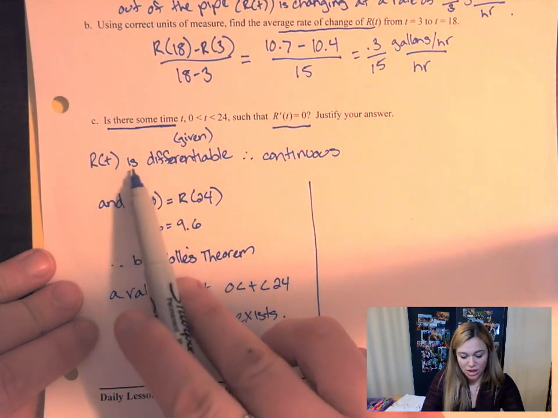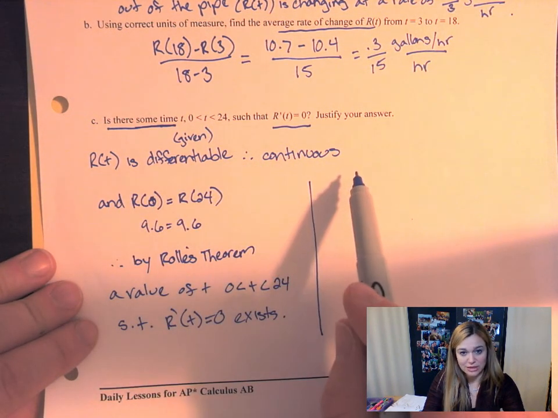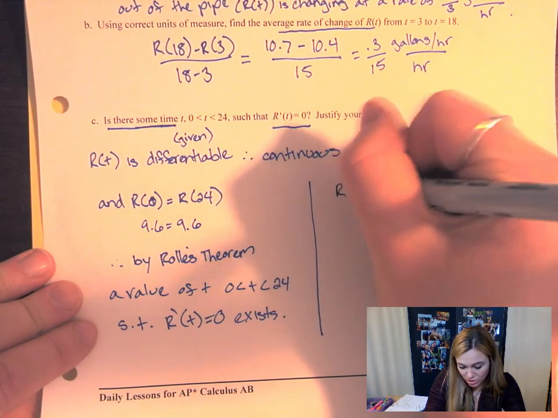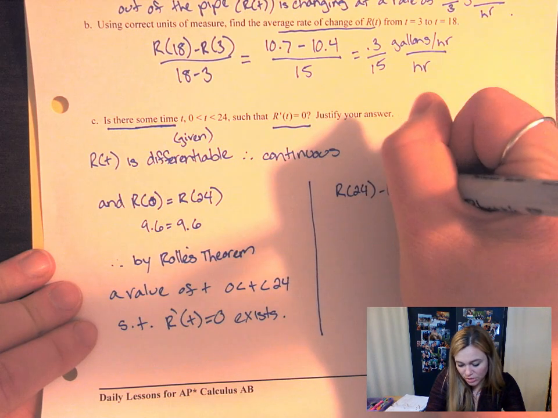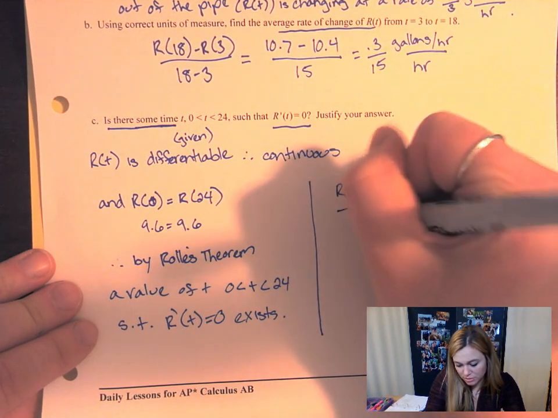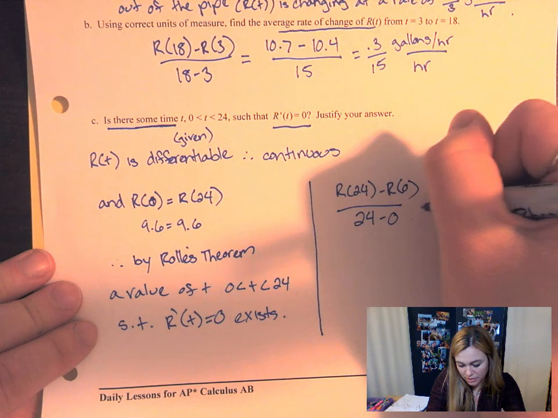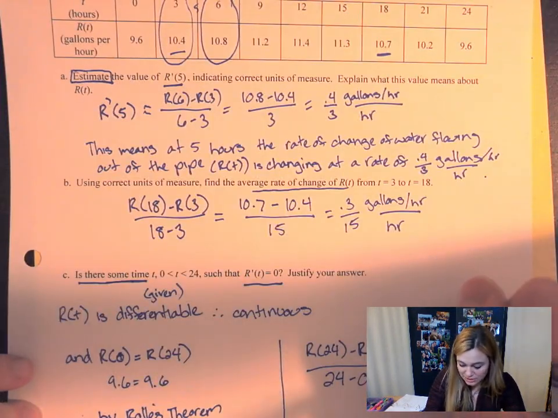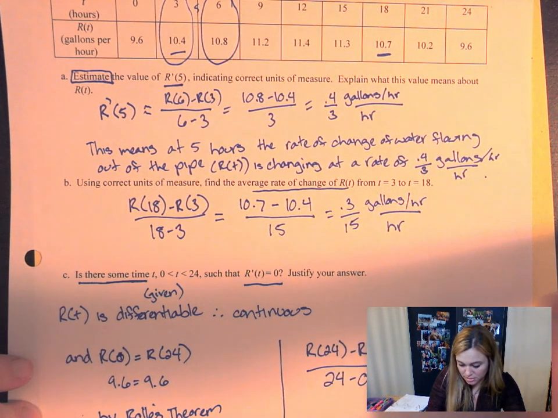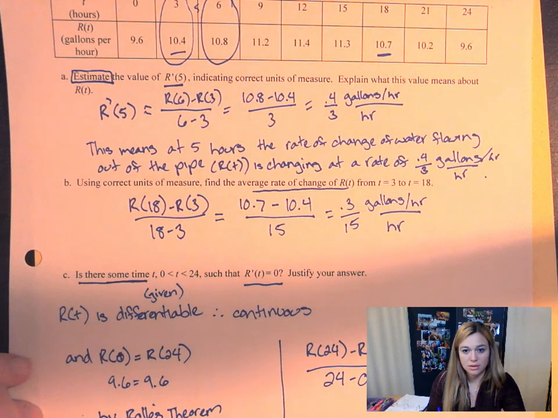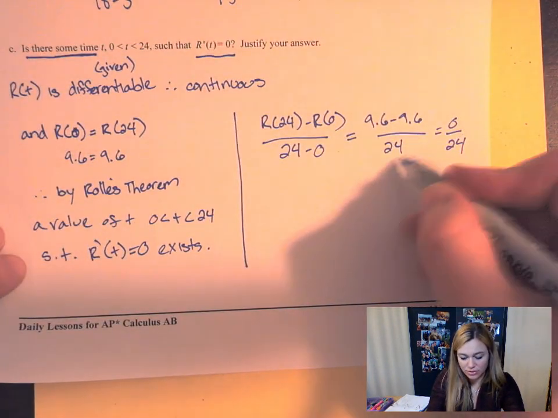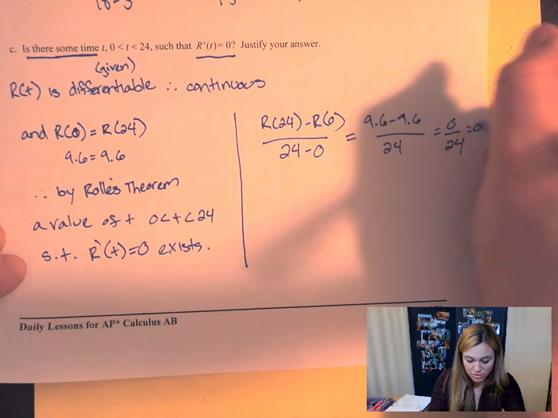If you used MVT, your explanation would be slightly different. You would still start with r of t is differentiable and therefore continuous. But the next thing you would say is r of 24 minus r of 0 over 24 minus 0. And then you would actually have to find this. This would be 9.6 minus 9.6, which is 0, over 24, which is just 0.